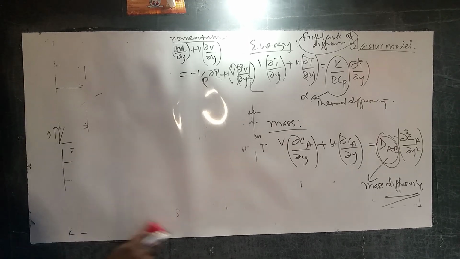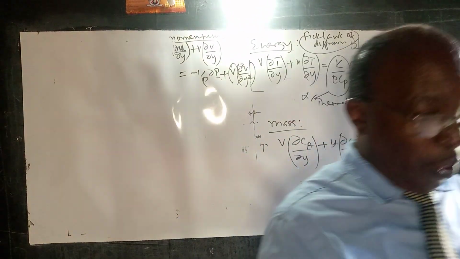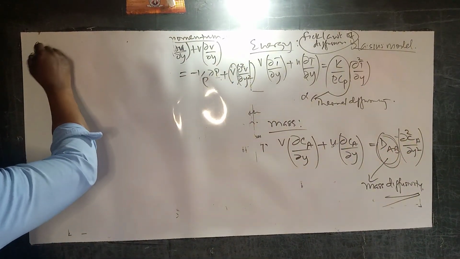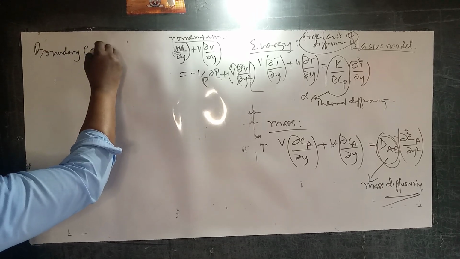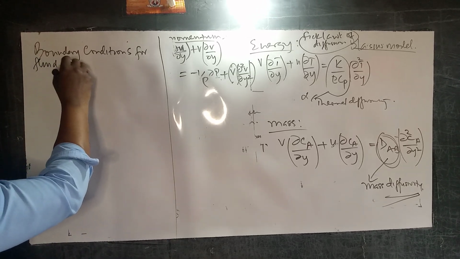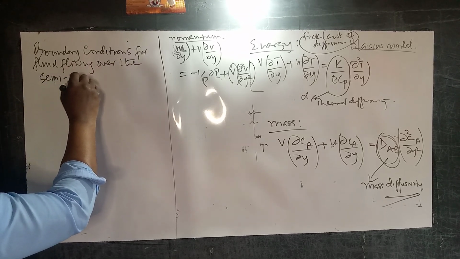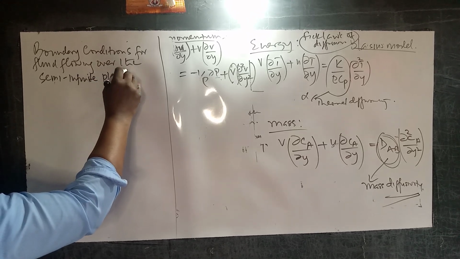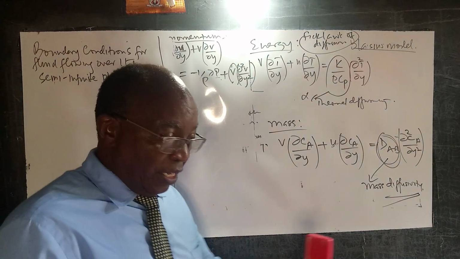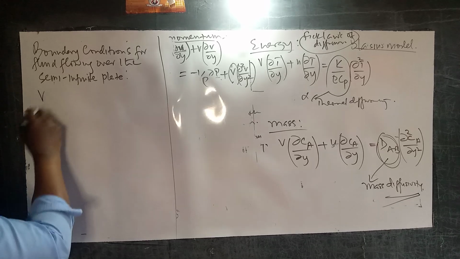So the boundary conditions for this system, that is, the fluid flowing over that semi-infinite plate, are basically also just based on the momentum balance.